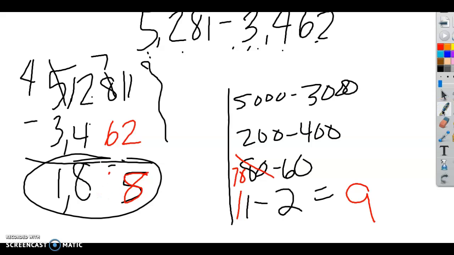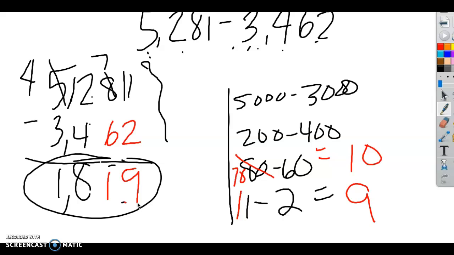Just a simple mistake. There we go. All right. See how you can check yourself by doing this, right? Same thing. So now 70 minus 60. Can I do that? Of course I can. 70 minus 60 is 10. Oops, this should have been a 9. There we go. Much better.